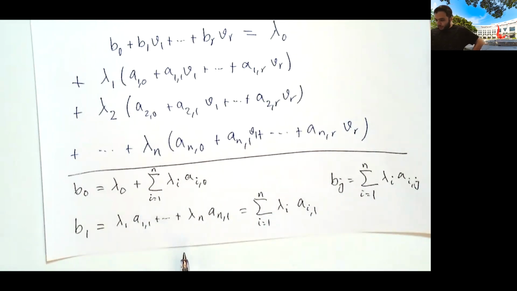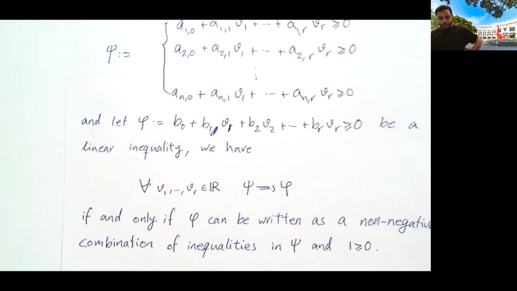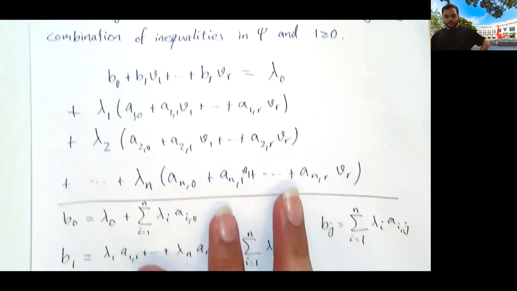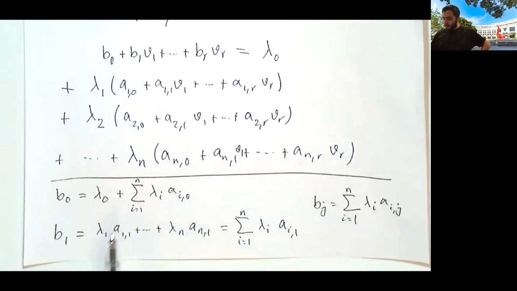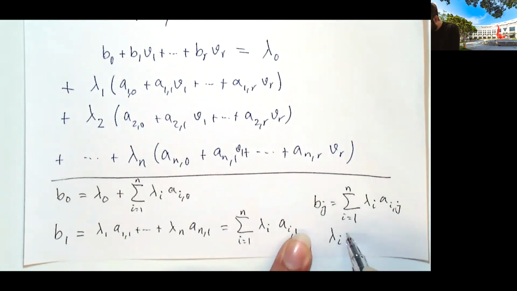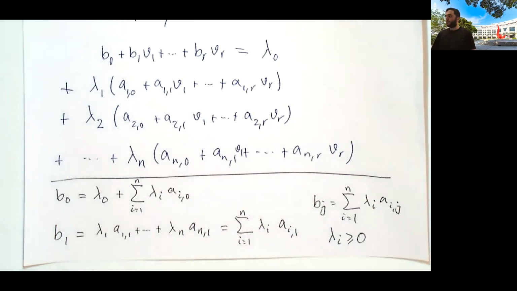So basically, what this means is that I got rid of this whole quantification over all the possible values of V1 to VR. And this basically means that all I have to do at this point is just to solve these equalities, right? And of course, I also have the constraints that all of our lambda i's are greater than or equal to 0, because we could only multiply our inequalities by non-negative values. So what is this? This is basically a linear programming instance.